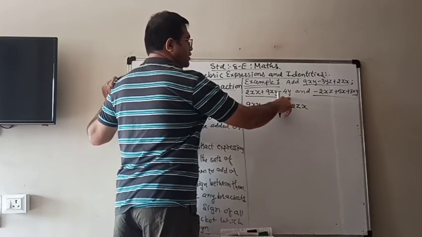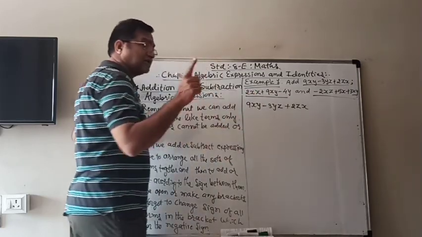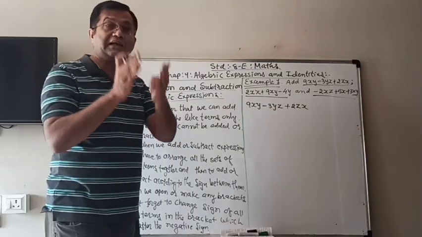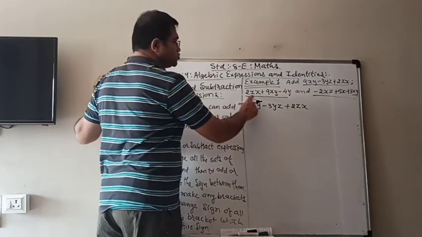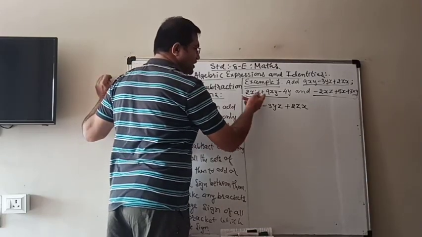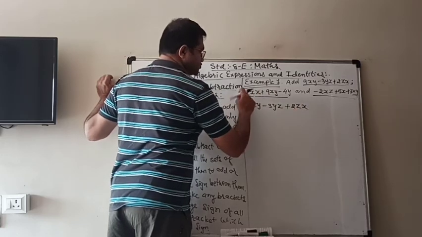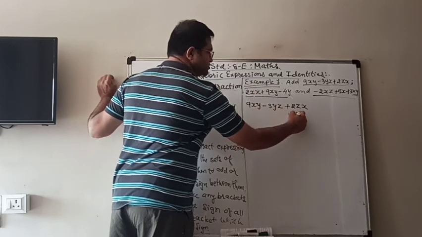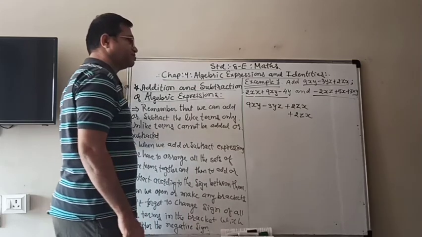We'll write it down in the second row, keeping in mind to write the like terms in the same column. xz or zx is the same thing, so here there is already 2zx. Nothing written before the term means it is plus, so plus 2zx will be written down under plus 2zx.